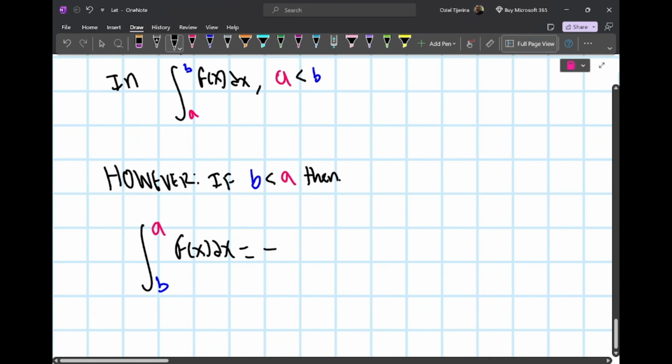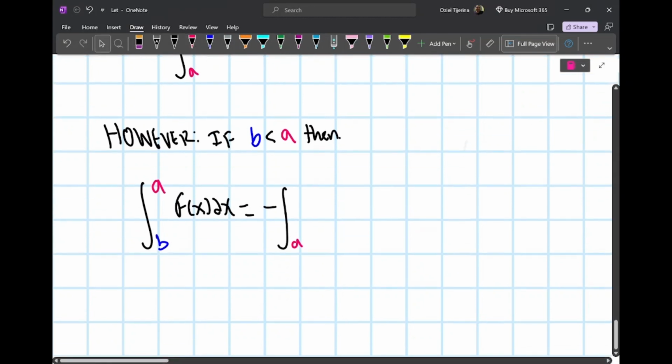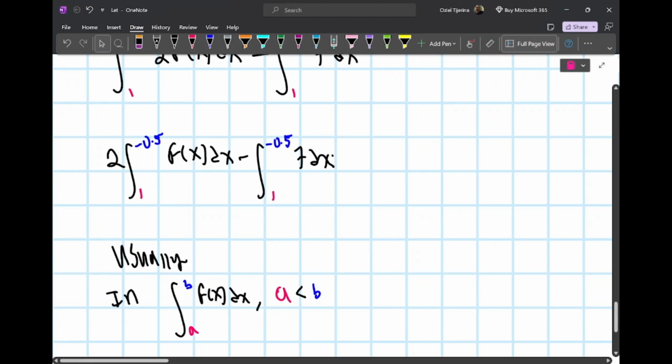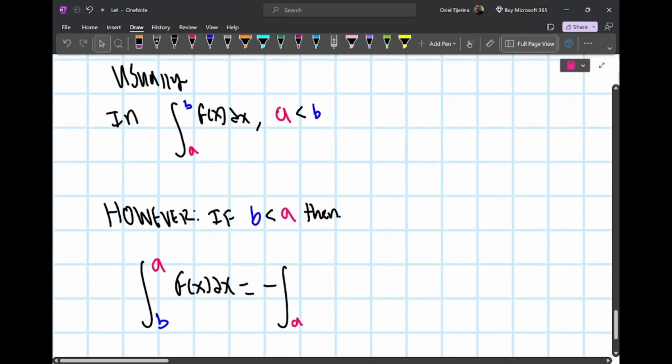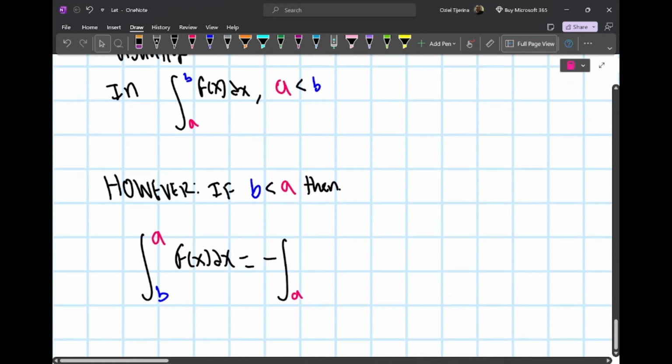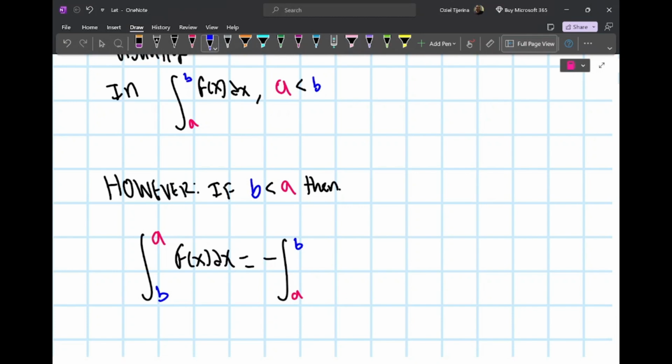So we want to understand that, guys. It's very important, because obviously on here, the 1 is greater than negative 0.5, so we have to use this rule.